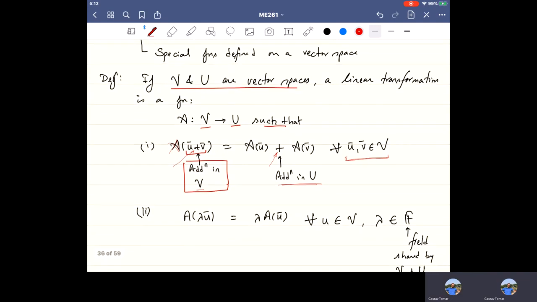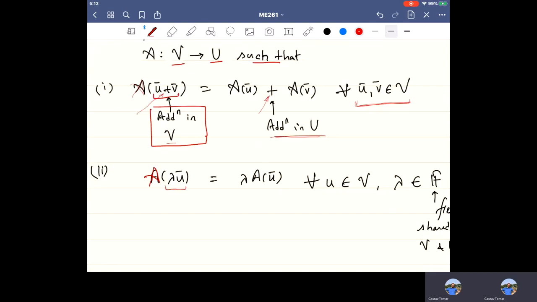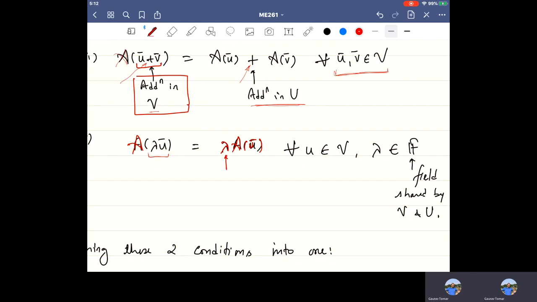So this is one part. Second is if you scale a vector with lambda and then do the mapping, let's say the mapping A, then it is the same as you first do the mapping of u and then scale with lambda. Now this says something about the field, this scaling that you have done, which is essentially this lambda belongs to the field F, right?